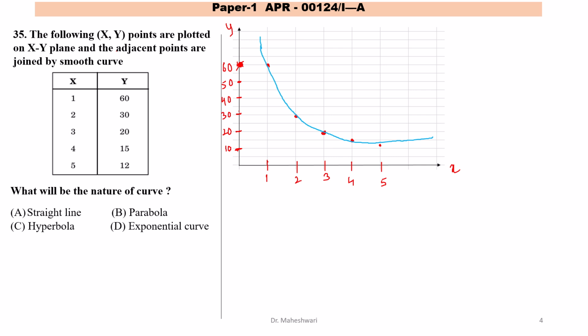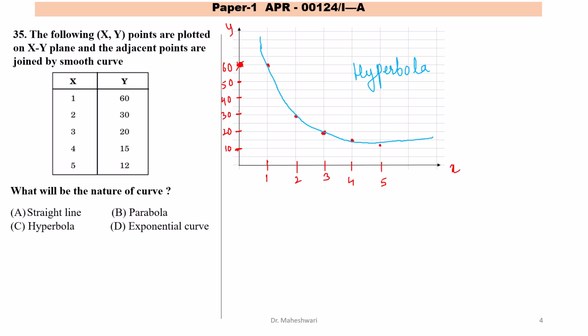Okay, and what does this curve represent? They have asked us in the question, what is the nature of the curve? Now if you see the nature of the curve, this is known as a hyperbola. Such types of curves are known as hyperbola.